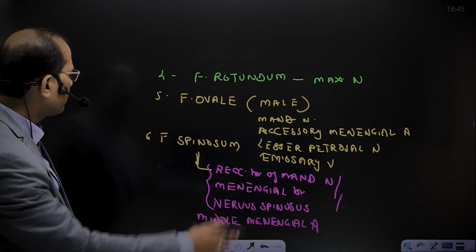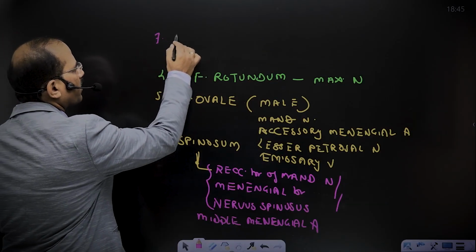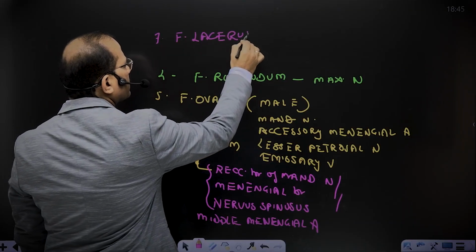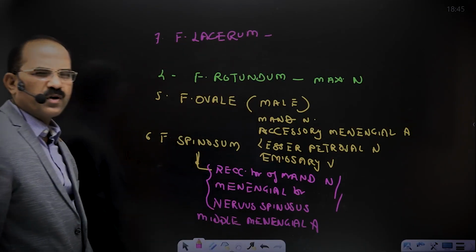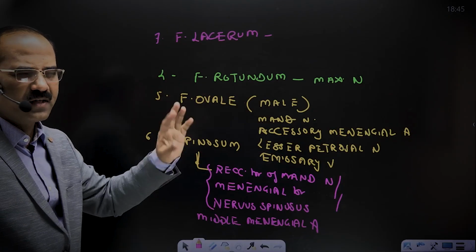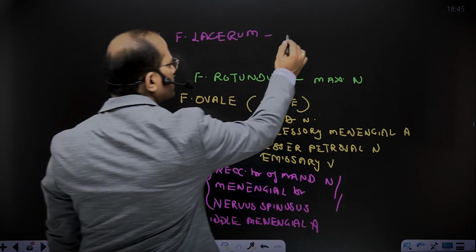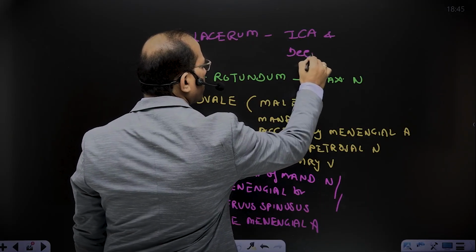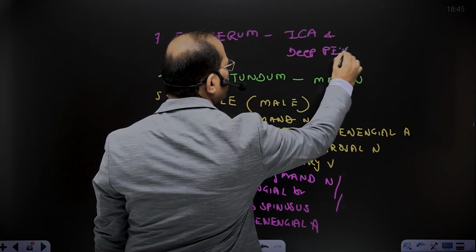And the last one, number 7, is foramen lacerum. What passes through the foramen lacerum? Actually, they say foramen lacerum is closed in life. I'll tell you this later, but what passes through the foramen lacerum is the internal carotid artery and the deep petrosal nerve.